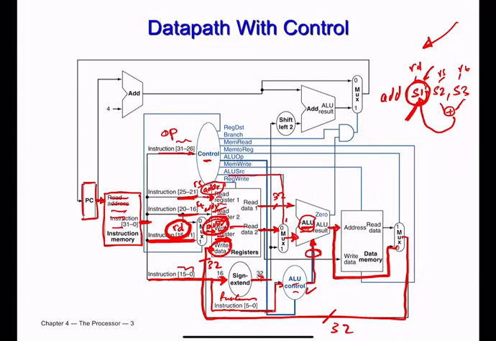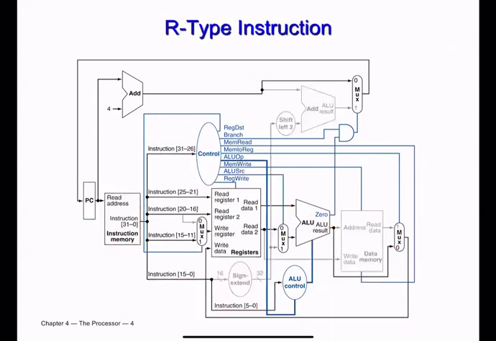So this is the path as an example if I have an R type. As you can see from here, although I had all of the components, I'm not using all of them. As an example, in an R type, I'm not using the memory at all because I'm not passing through the memory. No matter what the R type is, there is no interaction with the memory.